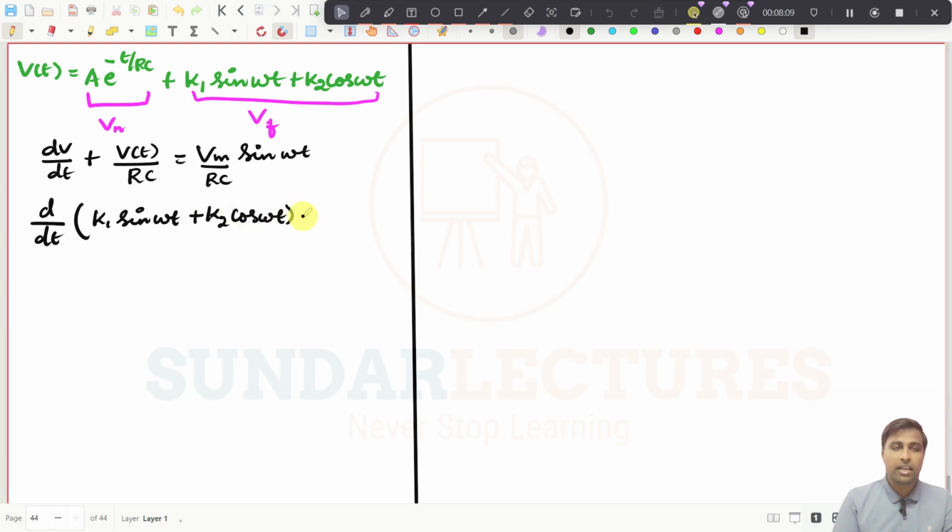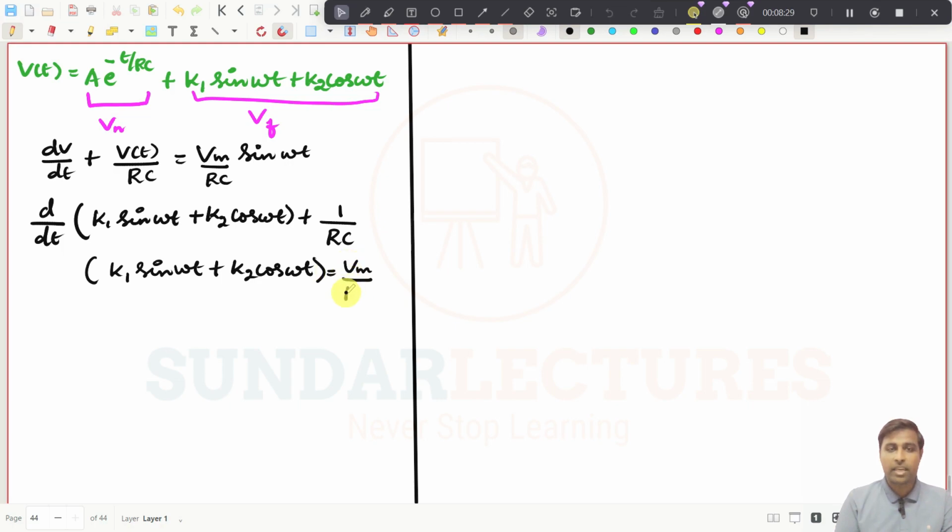It will be the dv by dt, plus you have to substitute v of t, so it will be 1 by RC multiplied by K1 sin omega t plus K2 cos omega t. You will get an expression like this, and that should be equal to Vm by RC sin omega t.